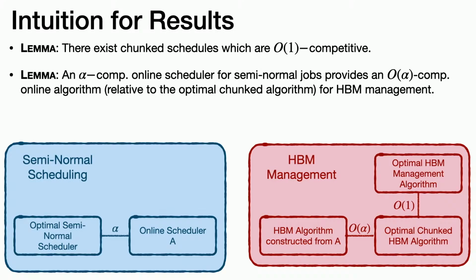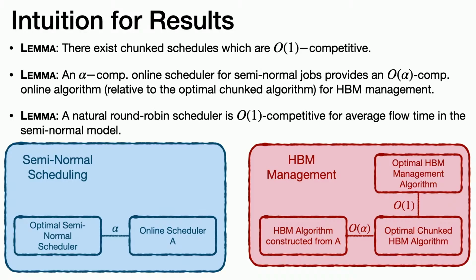So if you had a scheduling algorithm A, it would give you an HBM algorithm which is alpha competitive with the optimal chunked algorithm. So you lost alpha here, you didn't lose anything here, so it's order alpha competitive with the optimal.